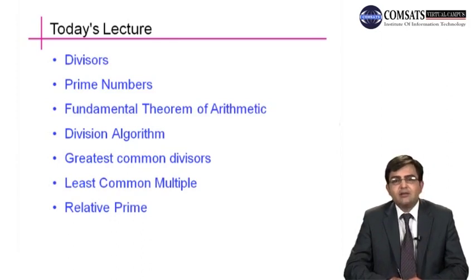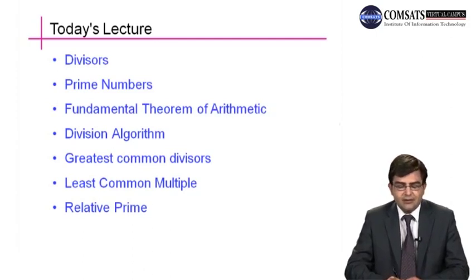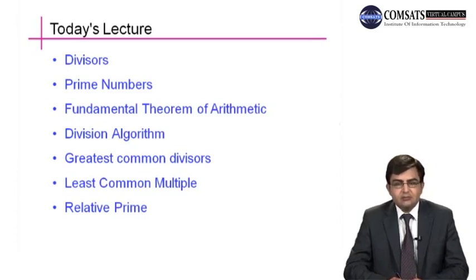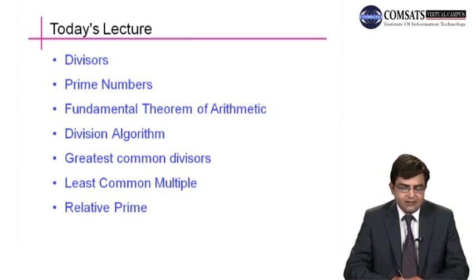We shall also discuss even numbers, odd numbers, integers, real numbers. What are prime numbers? Prime numbers are also very crucial. We shall discuss some theorems of arithmetic, the division algorithm, the greatest common divisor, least common multiple, and then relatively prime numbers.